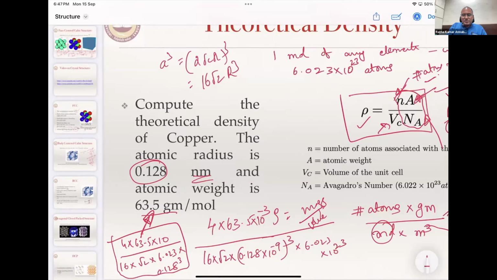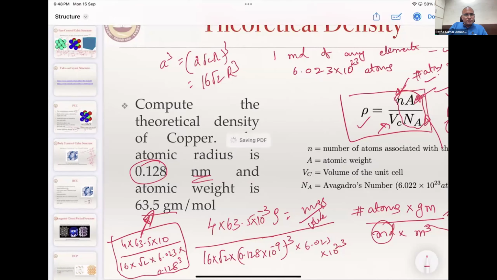Number of atoms is 4 or 8? 4 is FCC. Four, sir, FCC. So density is number of atoms into atomic weight, divided by volume.